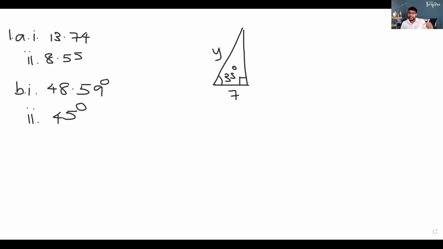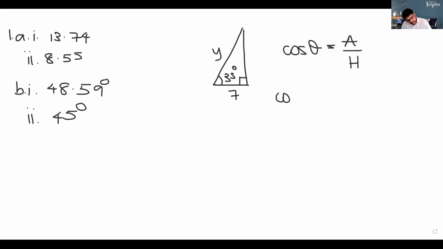So this is part A, question one, part A2. We're working with the adjacent and the hypotenuse. When we have adjacent and hypotenuse, the trigonometric ratio is cos, right? So cos theta, we know, is adjacent over hypotenuse, children.